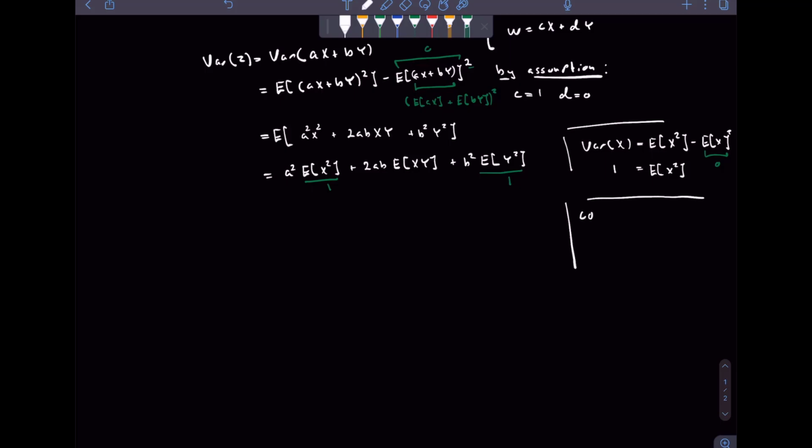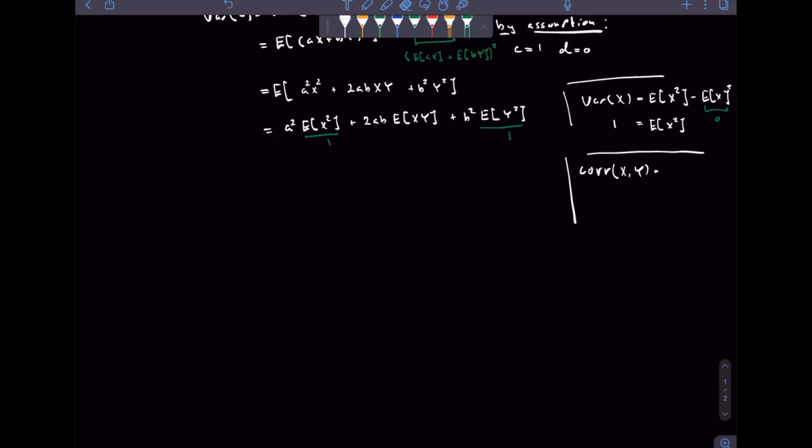So the correlation between X and Y is the covariance of X and Y divided by the square root of the variance of X times the variance of Y. Now we know that these variances are equal to 1, so we end up with just the covariance, and the covariance of X and Y is just the expectation of XY minus the expectation of X times the expectation of Y.